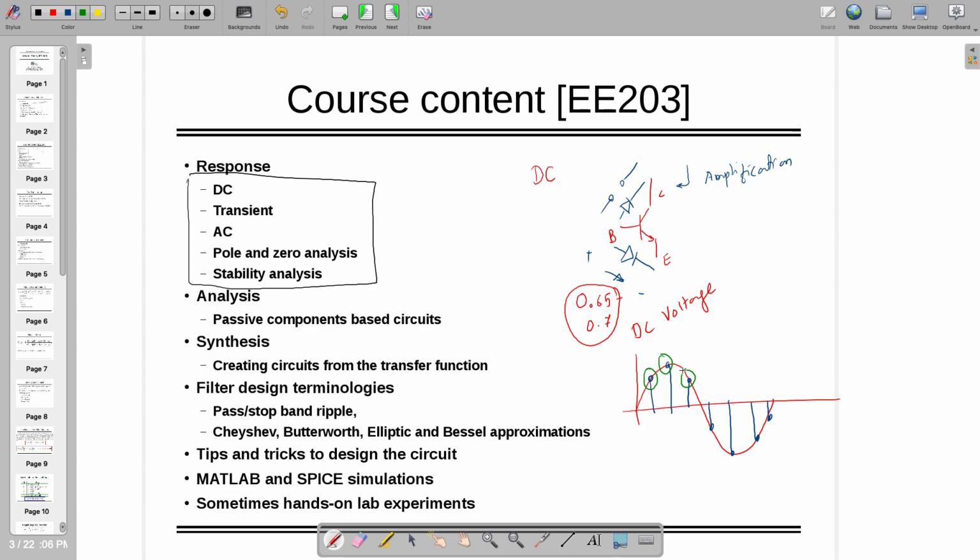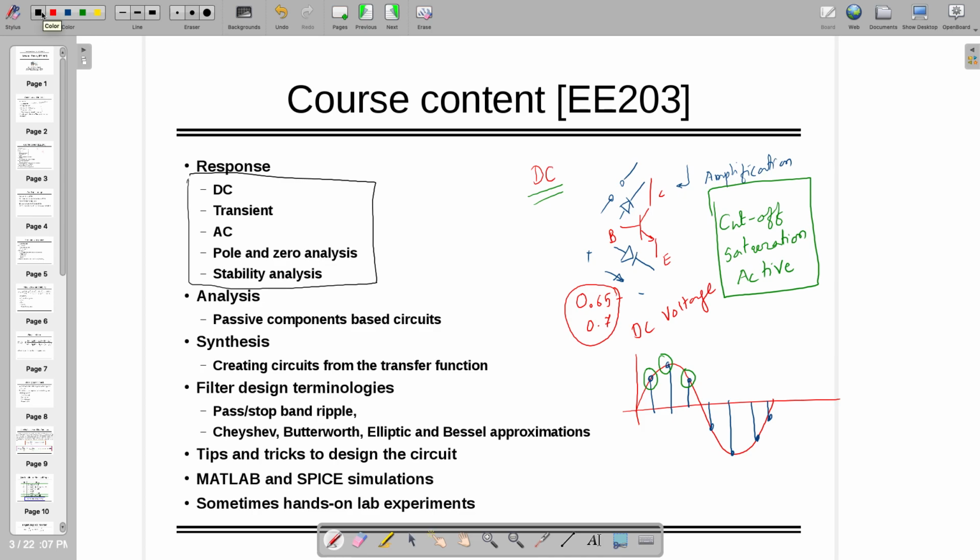So in such cases, we start with the DC analysis to make sure my transistor is in cutoff, or saturation, or the active region. These are the popular three regions of operation. This is only possible when you are doing the DC analysis or the ID characteristic. This is also DC.